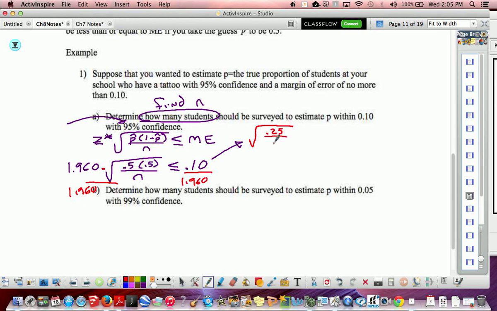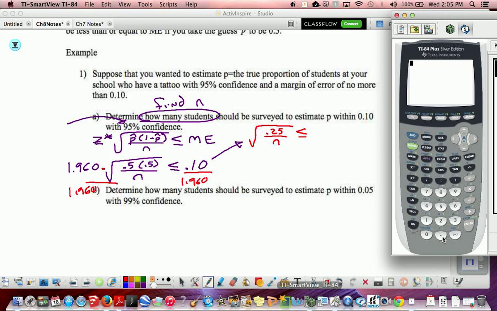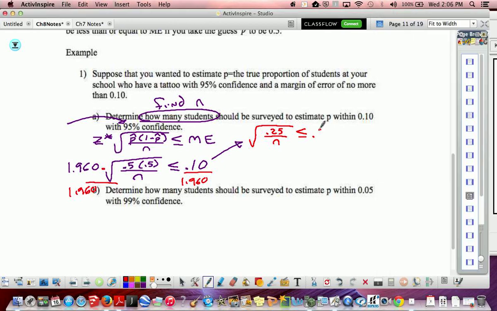So 0.25 over n is less than or equal to, on my calculator, 0.10 divided by 1.96. So 0.051... And I'm going to keep it in my calculator all the way through the problem.